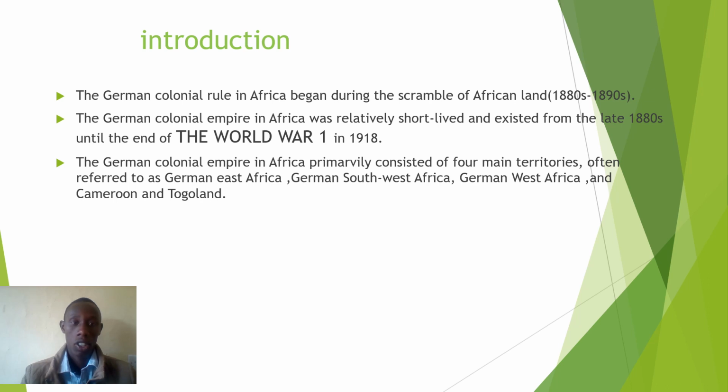The German colonial empire in Africa consisted of four main territories: German East Africa, German South West Africa, German West Africa, and German Cameroon and Togoland.